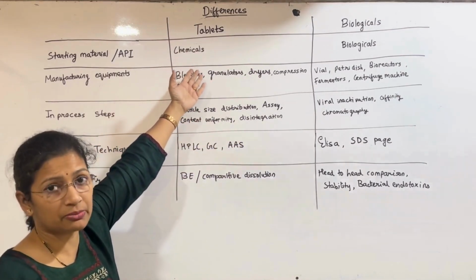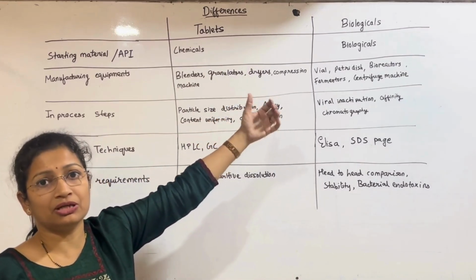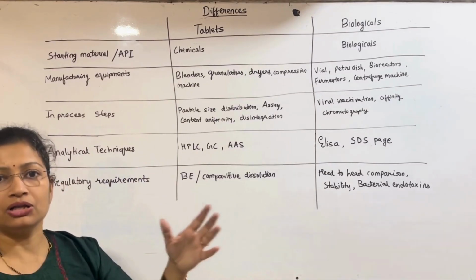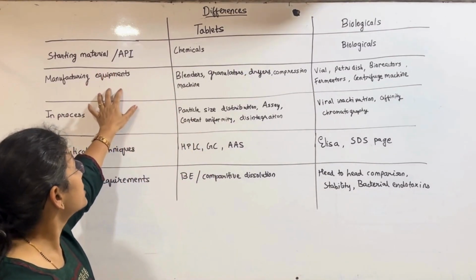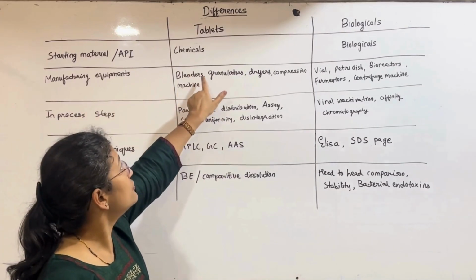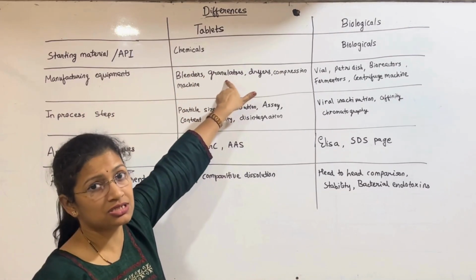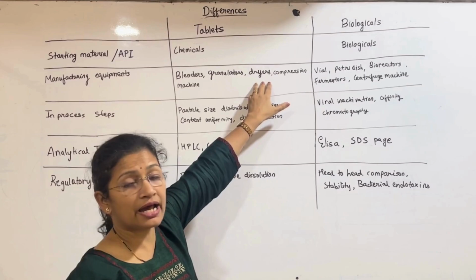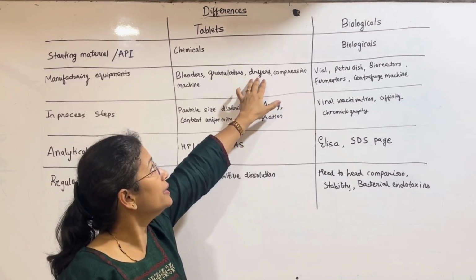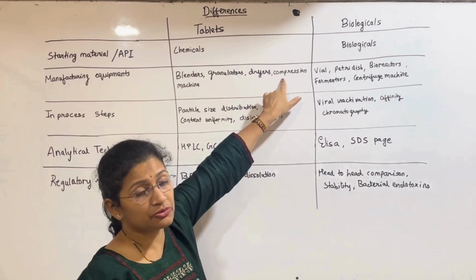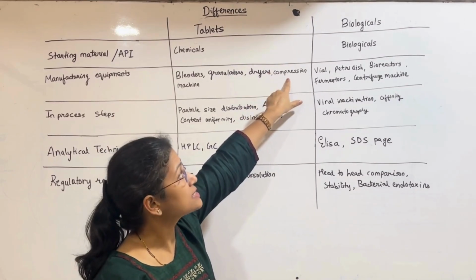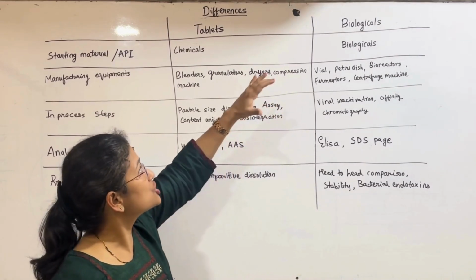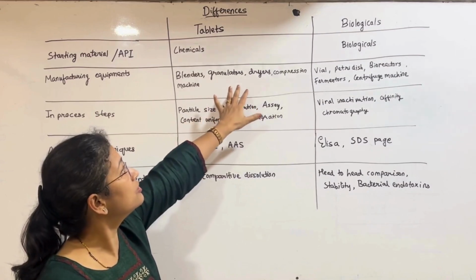In tablets, of course, chemicals will be used, and biologicals use biological sources, DNAs or host cells, all biological materials. When it comes to manufacturing equipment for tablets, we use blenders, granulators of different types, rotating granulators, dryers, fluid bed dryers, rotary dryers, and compression machines, which can be multi-station or single station.